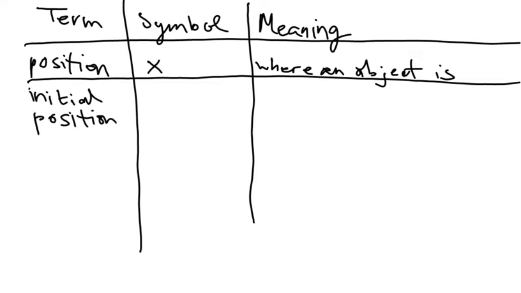The second term is initial position. Initial means beginning, so it's where an object started.